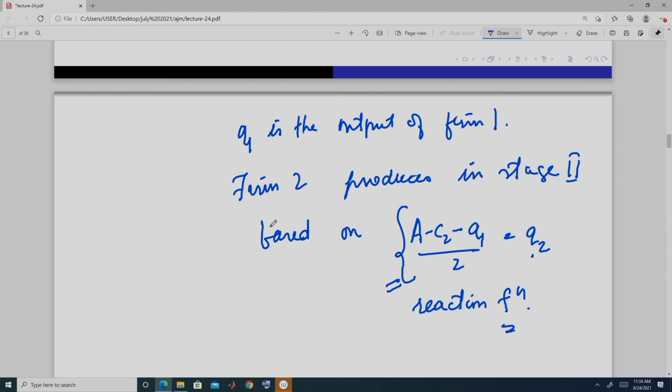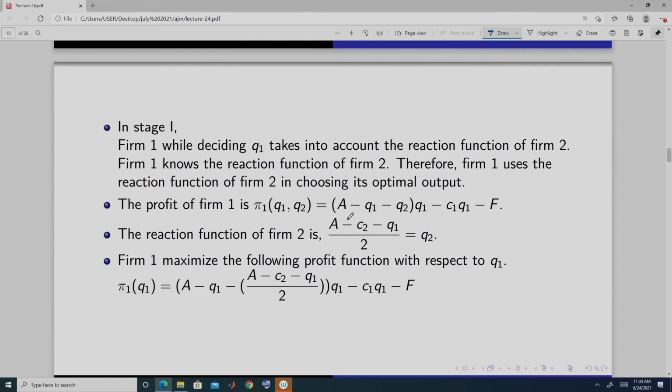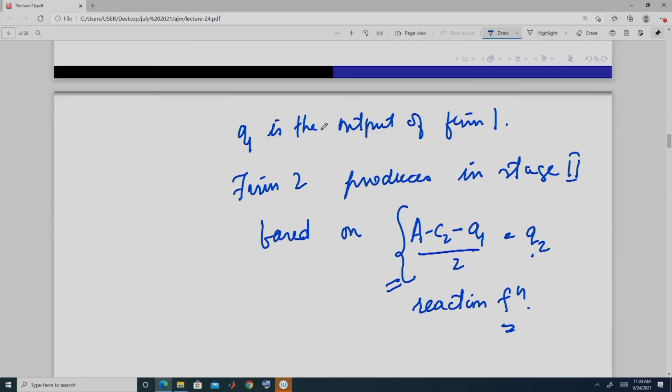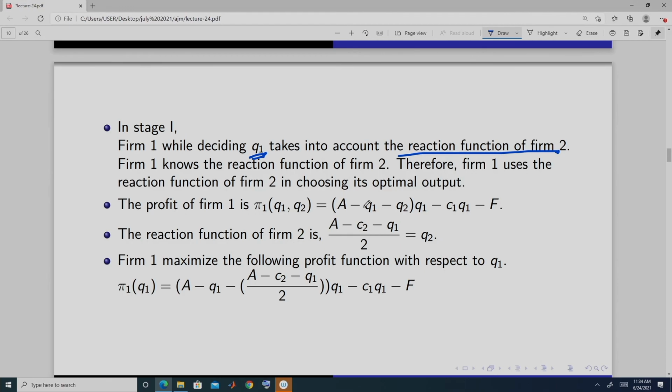Now, we move to stage 1. In stage 1, firm 1 is deciding Q1, and it will take into account the reaction function of firm 2, because it knows that if it produces some Q1, then firm 2 is going to react based on this reaction function. How does firm 1 know it?